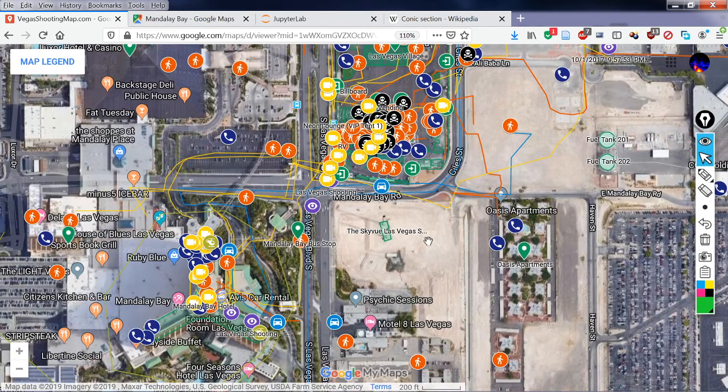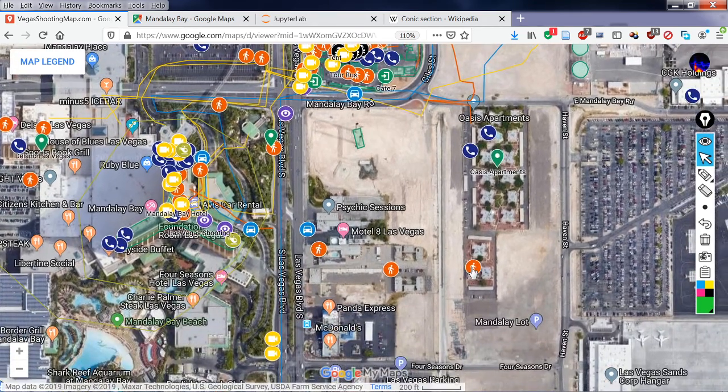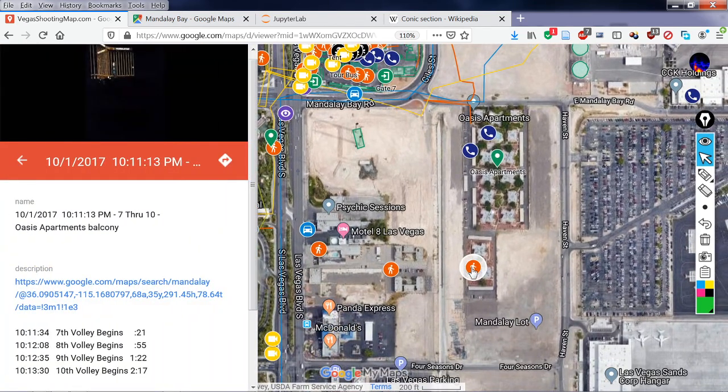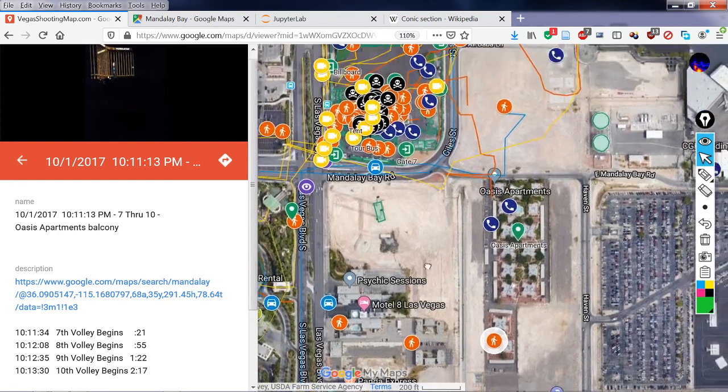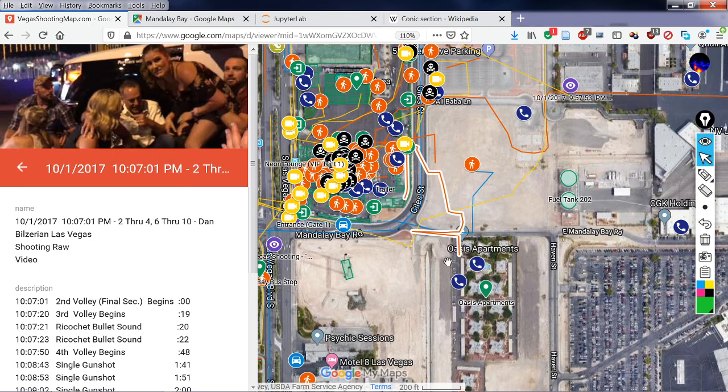Alright. So first we'll identify Oasis Apartments. It's over here. This is Oasis Apartments. Next I'll identify Dan. And when Dan was running his little line of travel, if I can click on it here, is there. And when he was doing it, I believe he was right there.